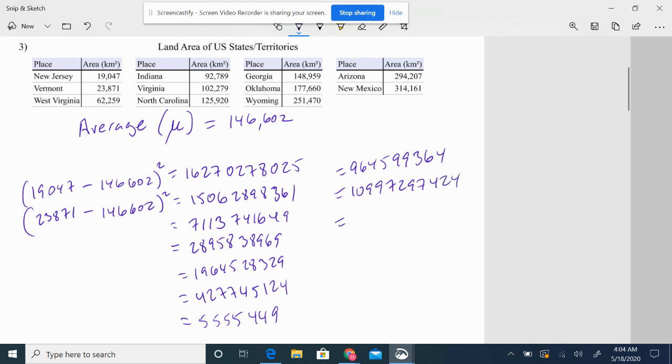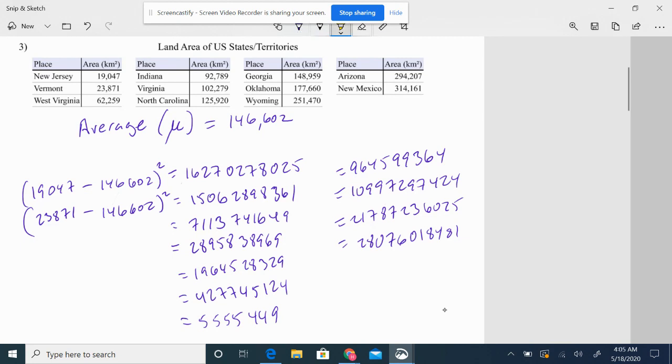My next number is 21,787, 23, 6025. My last number is 28,076, 0184, 81. All right.